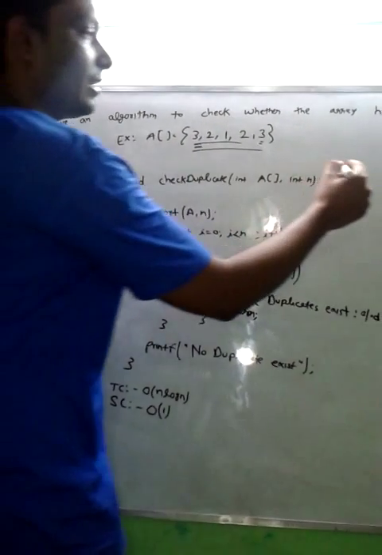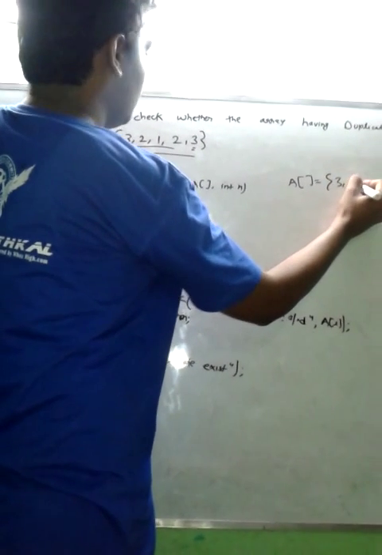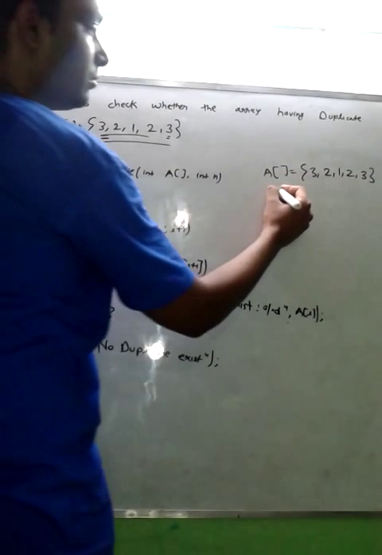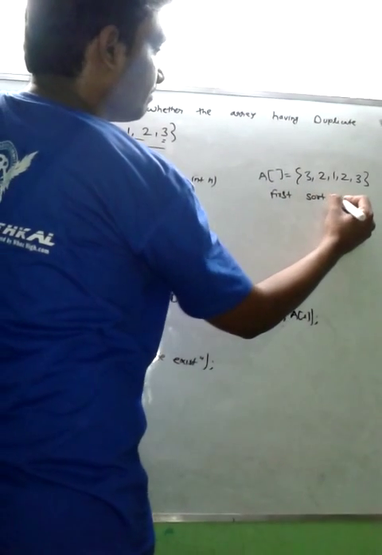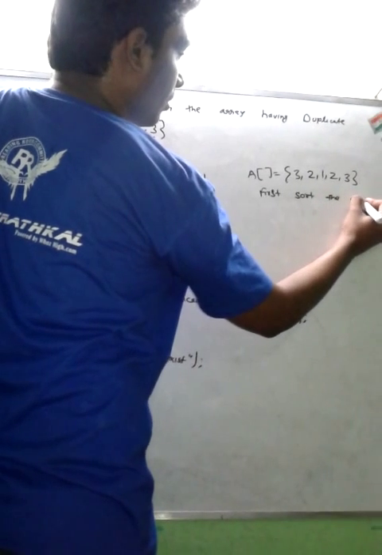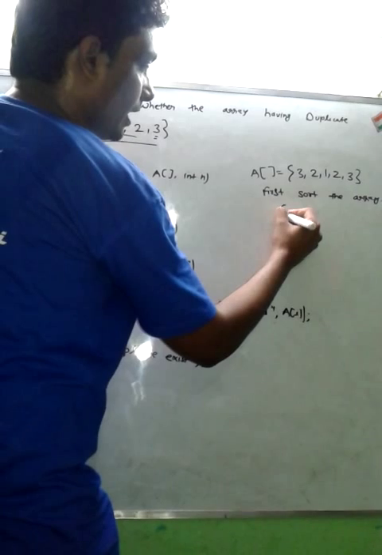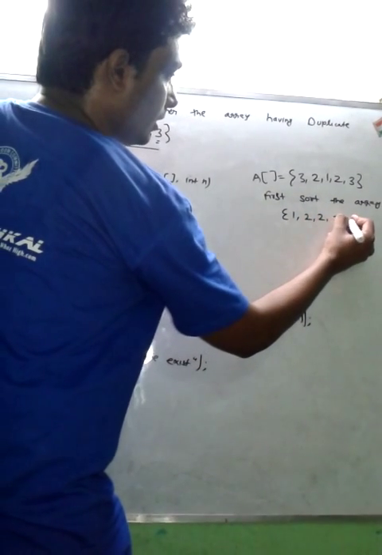Suppose this is the array: 3, 2, 1, 2, 3. We first sort the array. After sorting, the array will be 1, 2, 2, 3, 3.